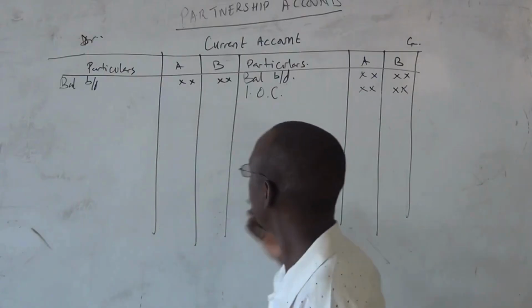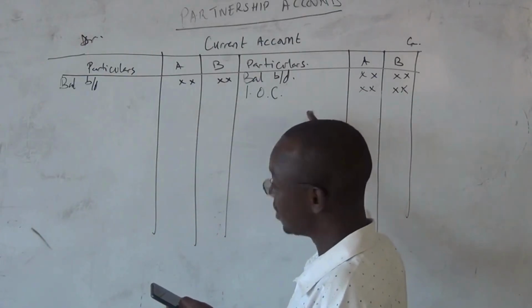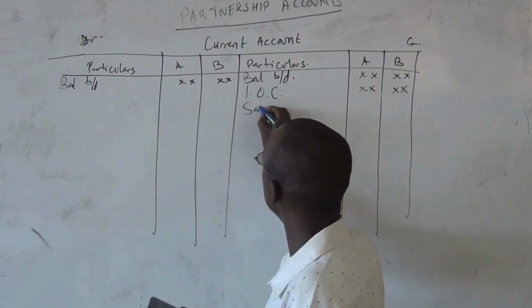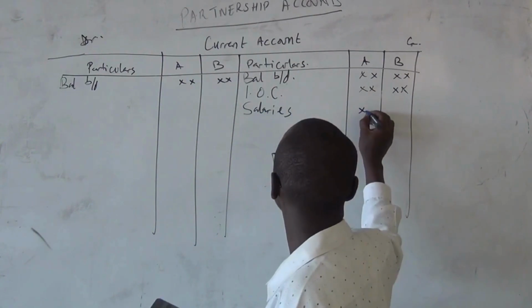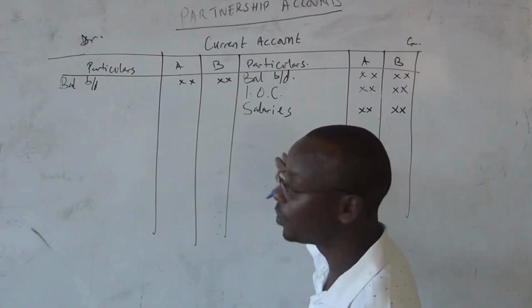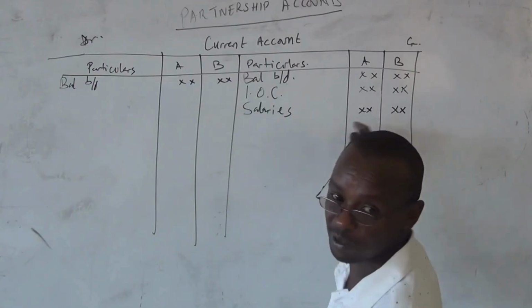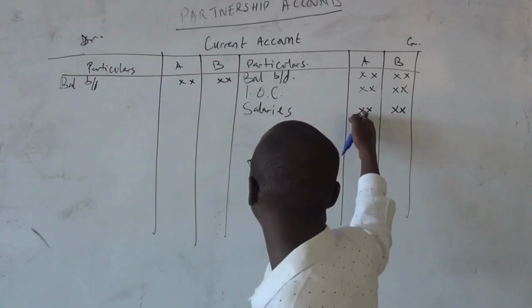Something like salaries. If any partner is paid salaries, if it is A, we put it here. If it is B, we put it here. If it is both, they have like this. Sometimes you find it's only one partner who is getting salary. Credit here.